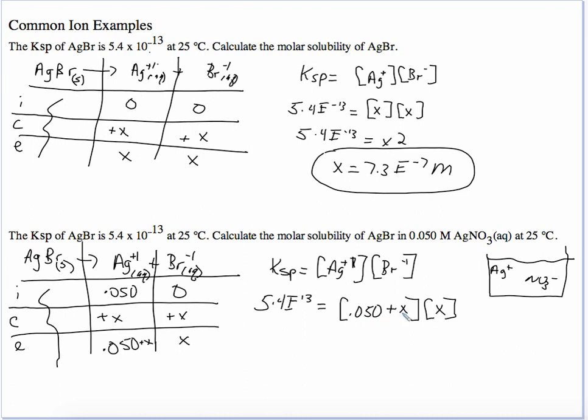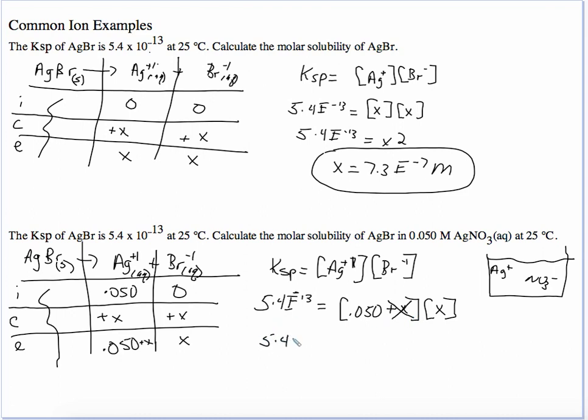Now, one problem that you might notice if we did this math is we're going to end up with a quadratic. But because this e to the minus 13 is very, very small, not very much is actually going to be formed over here. X is going to be a very small number. So if you take 0.050 plus X, it's not really going to change from 0.050. So what we can do is drop this X right here.